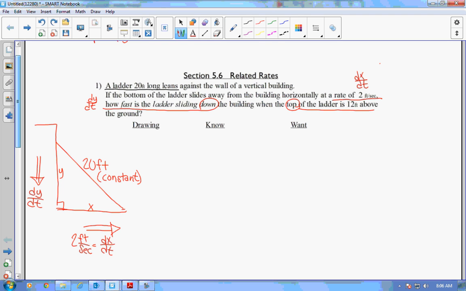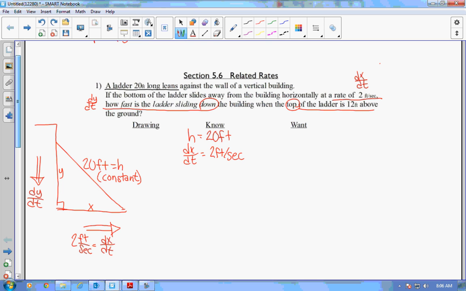H, sure. So I would label it H for the hypotenuse. H equals 20 feet. We also know horizontal rate of change, which is dx dt, equals 2 feet per second.